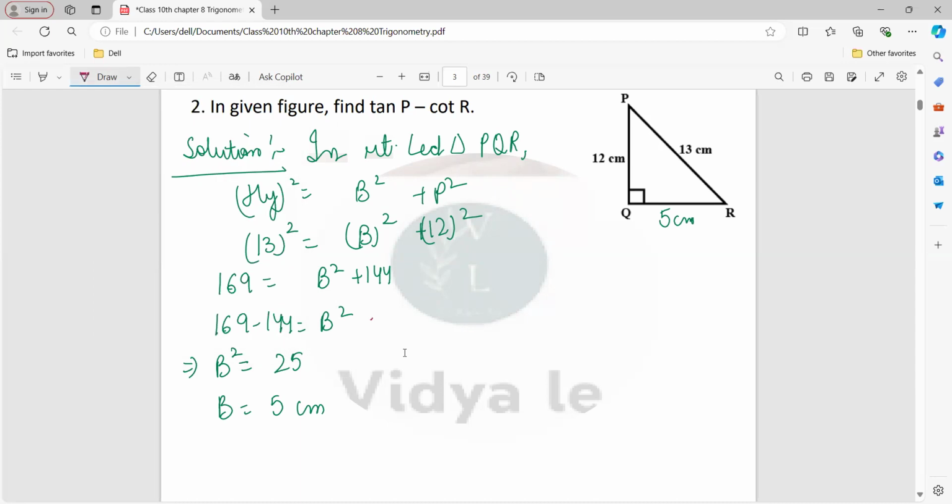Now what do we need to find? We need to find tan P minus cot R. Remember, here we need to find the value of tan with respect to angle P and cot with respect to angle R. Tan is perpendicular upon base.